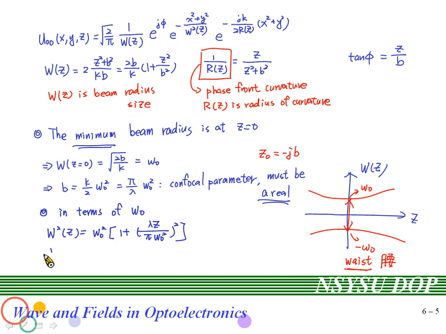And the phase front curvature, that is the inverse of capital R, can also be written this way. And tangent phi is z over b, which is lambda z over pi W0 square.